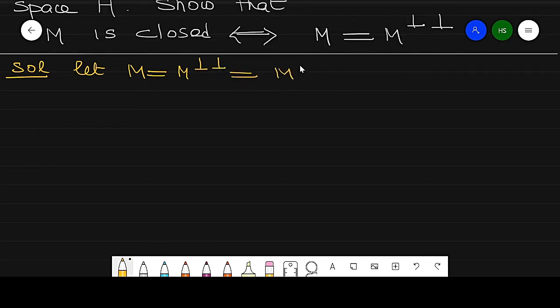So what is its orthogonal complement? Again its orthogonal complement.